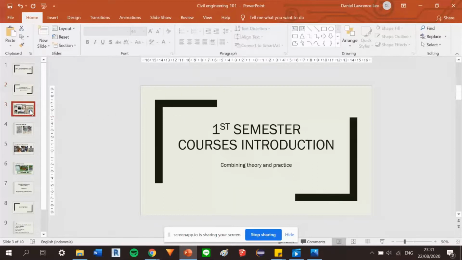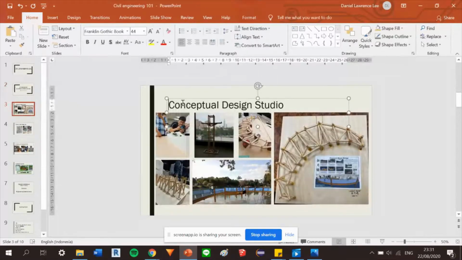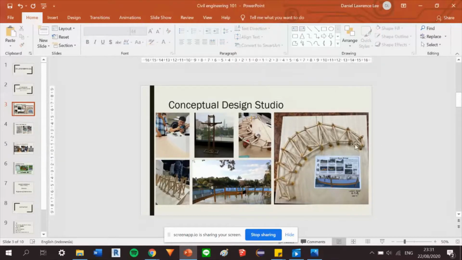So let's go. First of all, I will introduce you to Conceptual Design Studio. In this course, you will basically learn how to design some things. For example, last year my class and I designed a bridge, and we had to imagine how it would look in real life.